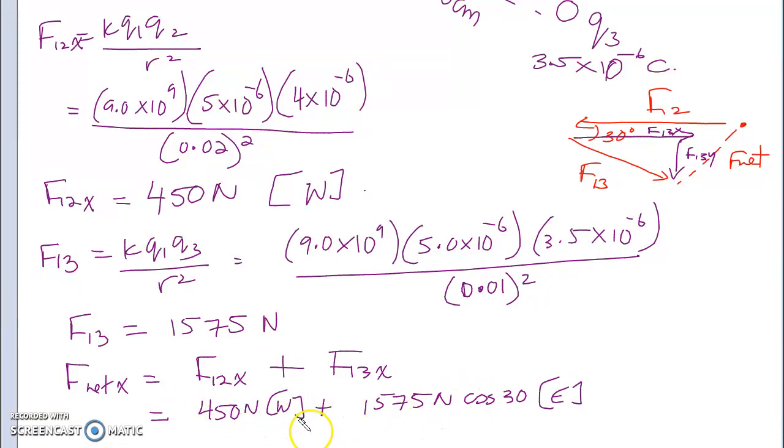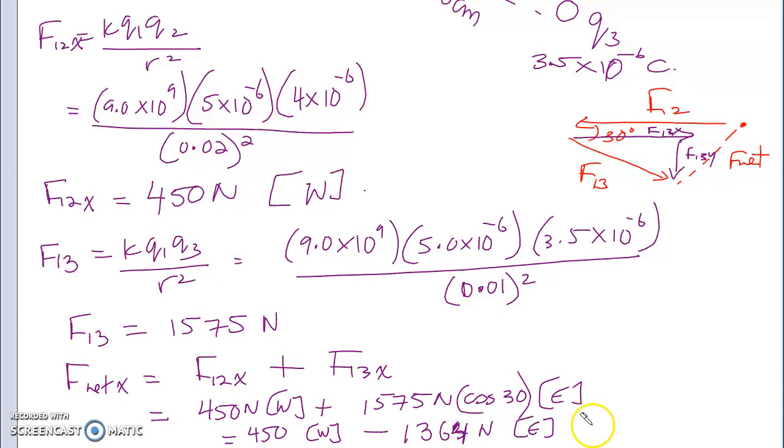So can somebody tell me what that is? What is 1575 times cos of 30? And you get 450 west, and of course it's going to be minus. What is 1575 cos of 30? 1363.64 newtons going to the east.